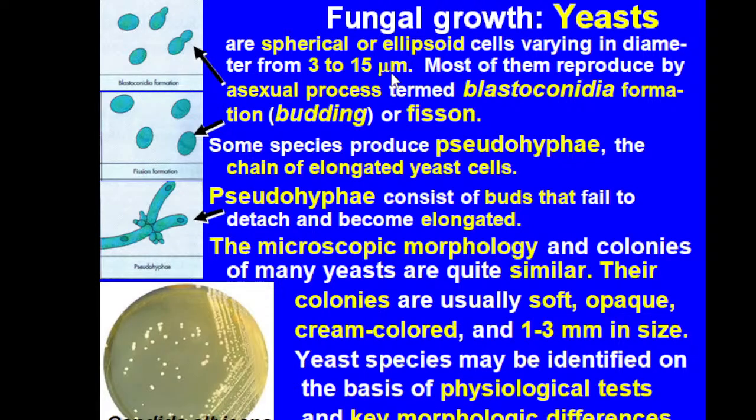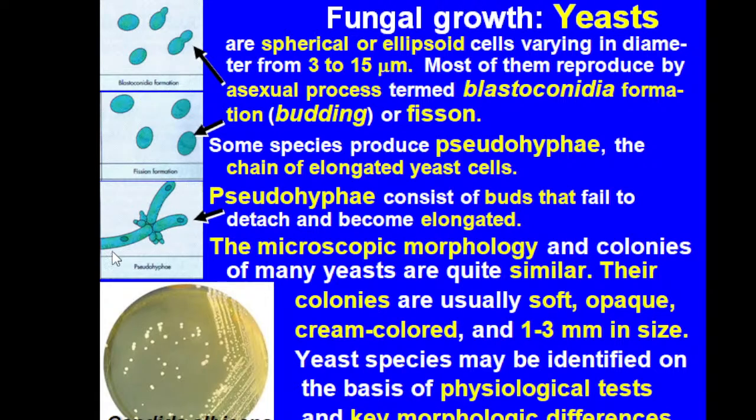Some species may produce, and you can see here, when they grow very quickly, so-called pseudohyphae. When the oval cell grows very quickly, the resulting cell will be not spherical or oval, but it will be elongated.